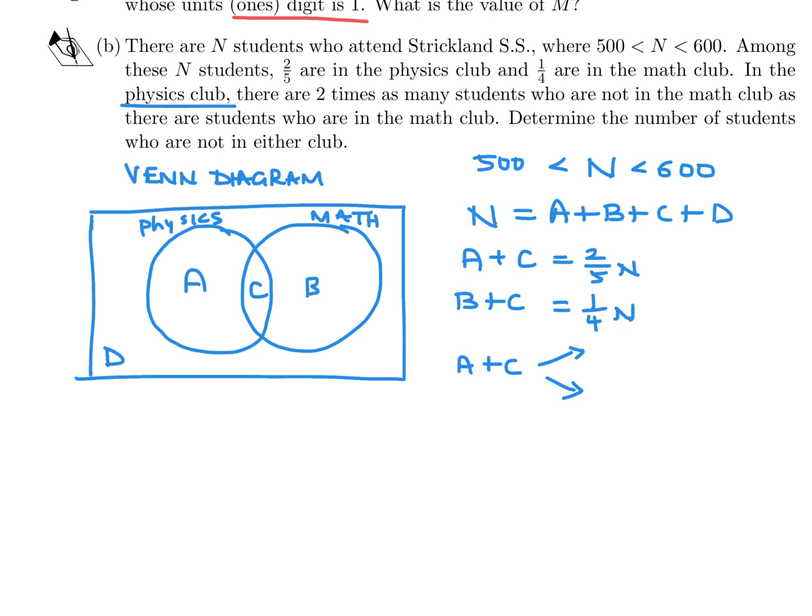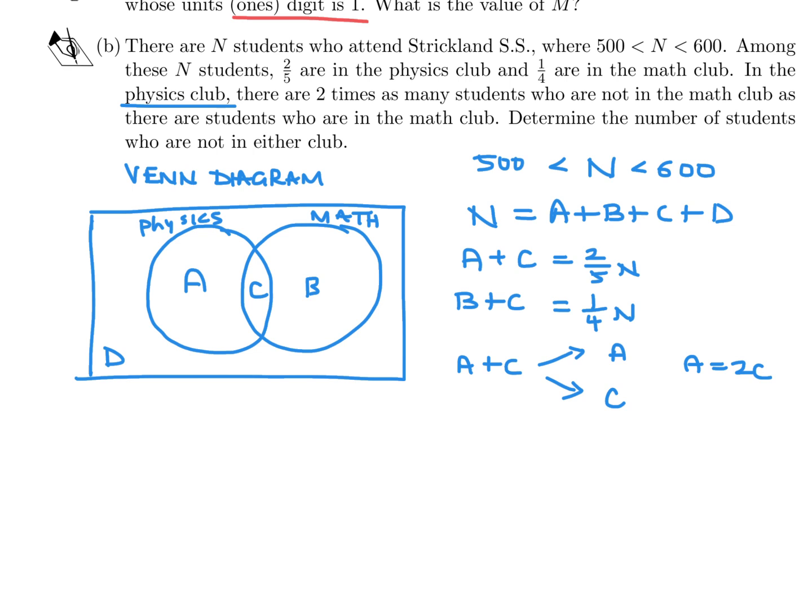So the ones not in the math club are denoted as A, correct? And the ones that are in the math club are denoted as C, because C is part of that math club circle, literally. So they're saying that A is twice that of C. So A is 2C.